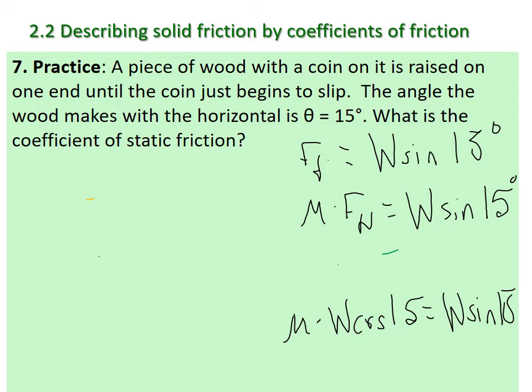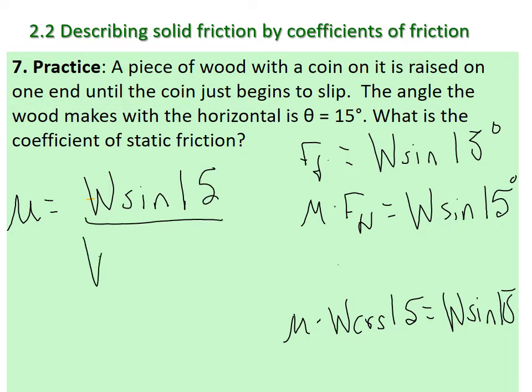Okay, all right. Mu times W cosine 15 equals W sine of 15. So my mu then equals W sine of 15 degrees divided by W cosine of 15 degrees. My W's are going to cancel.